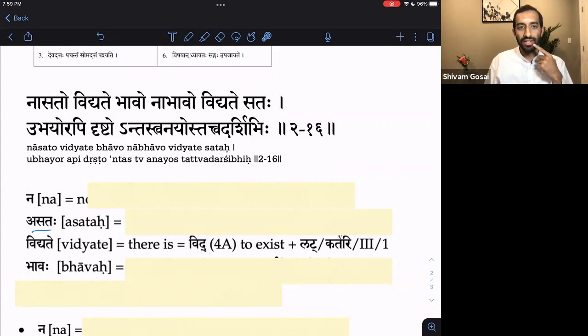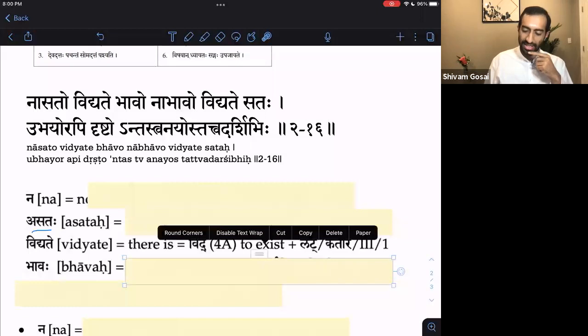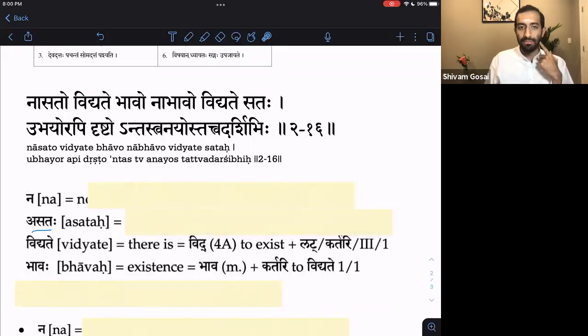Bhavaha is just like ramaha, meaning existence. Bhava is the pratipadika. This is kartari prathama to vidyate. So meaning there is existence.